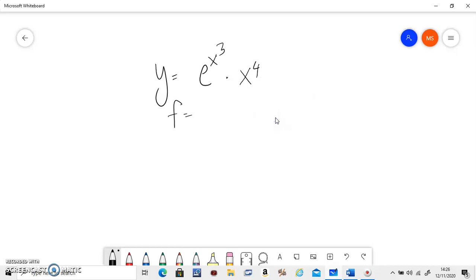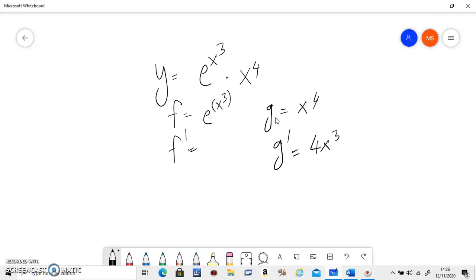The job is to find f, g, f prime, g prime. So f here is e to the power of x cubed. Let's put this in a bracket. It may not be in a bracket, but you can put it in a bracket. x to the 4. Now g prime is the power rule, which is 4x cubed.